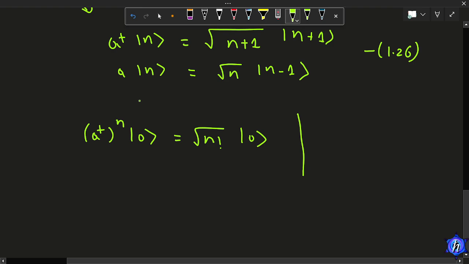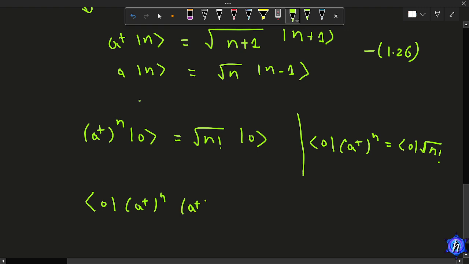Similarly, we can calculate the bra vector as well. This is the ket, this is the bra, you know that from quantum mechanics.